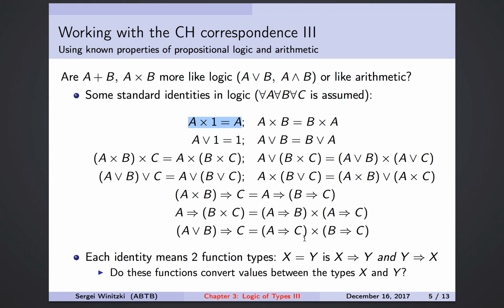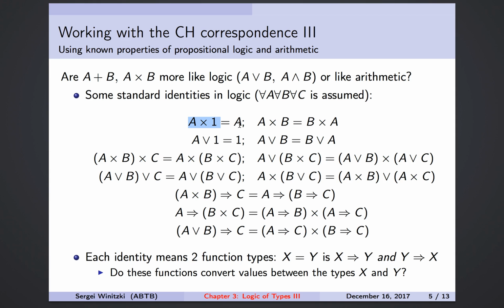Each identity, as I said, is just notation for two implications, one going from left to right, one going from right to left. Now, these implications correspond to code that has a function going from here to here, and a function going from here to here. So what do these two functions do? They convert values between the types. So there are two functions going in the opposite directions between two types.